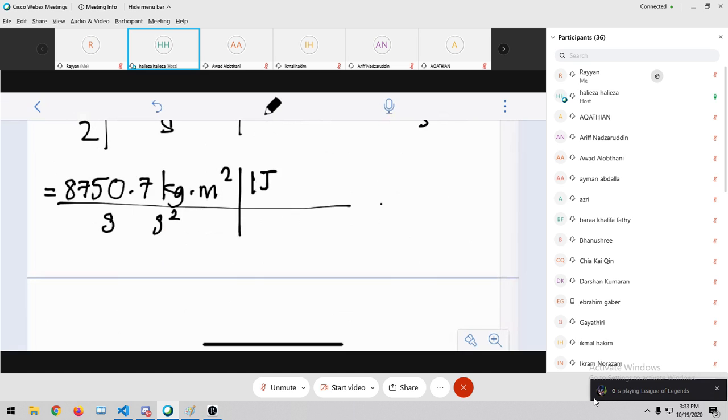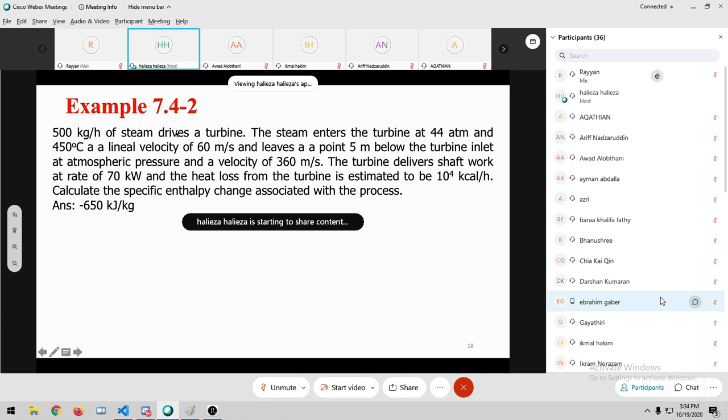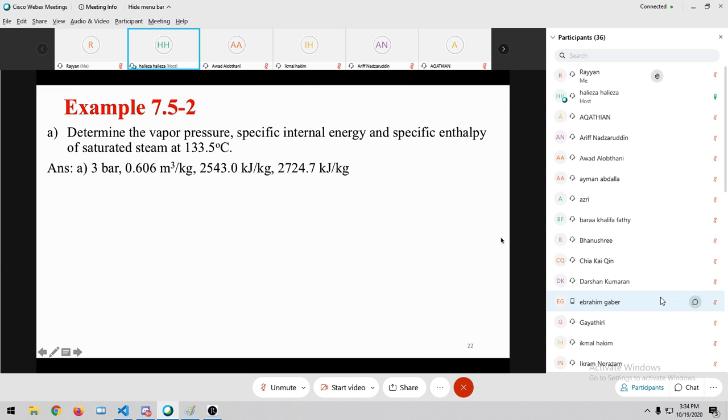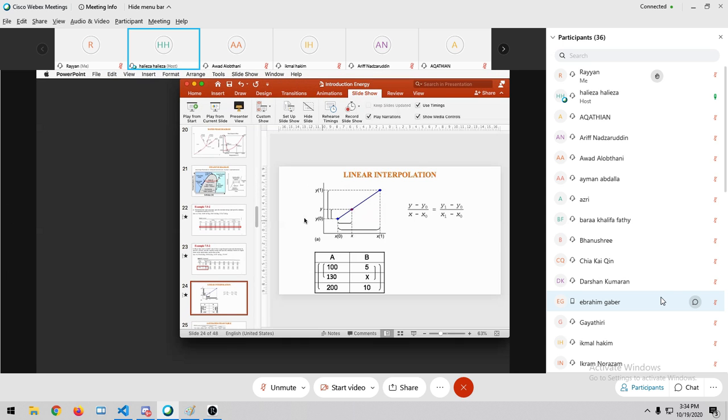You guys have your textbook, right? Let me stop sharing first and go to our PowerPoint. I want to show you guys the unit that we are going to have. Hold on, I need to go to the first slide.